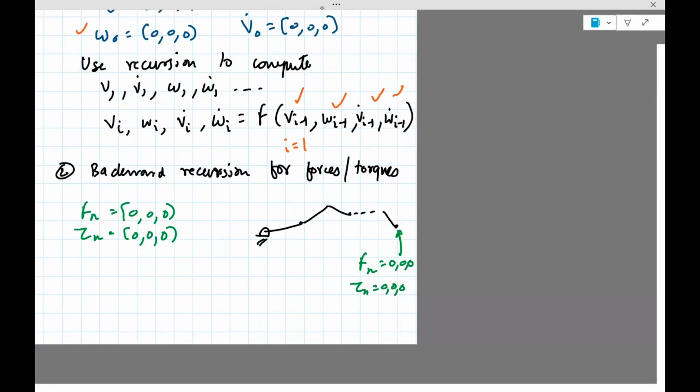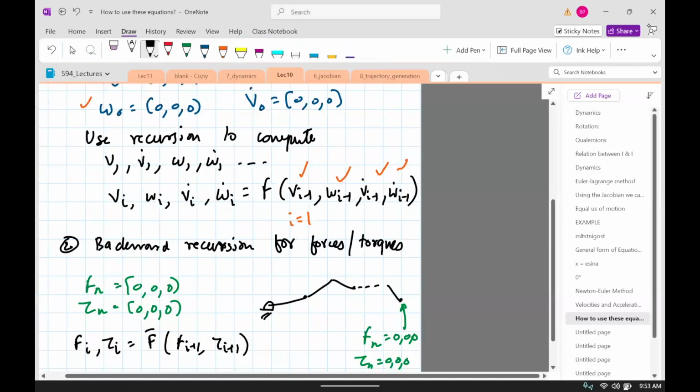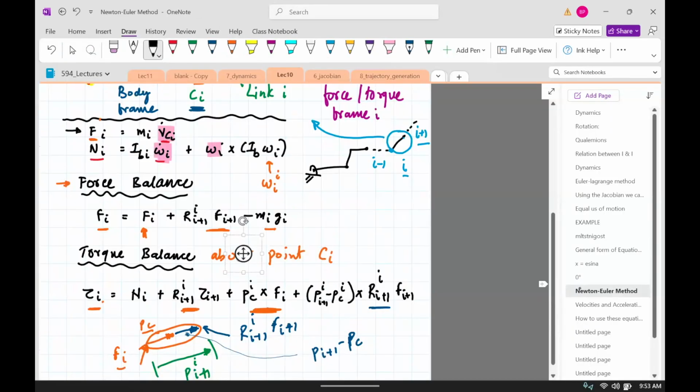The formula which we have here is telling us what is the force at link i and the torque at link i given some other function which depends on various parameters, but also depends on f i plus 1 and t i plus 1. If you go back to the formula, you can see that this force and this torque depend on the i plus 1 force, and then this torque depends on i plus 1.